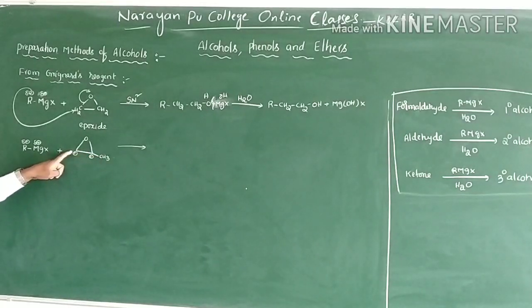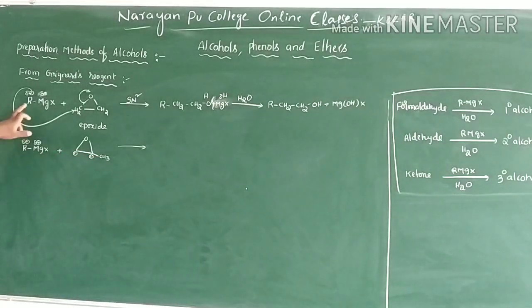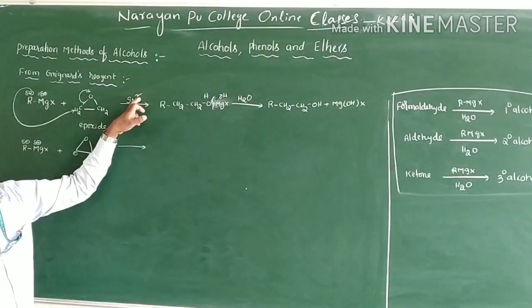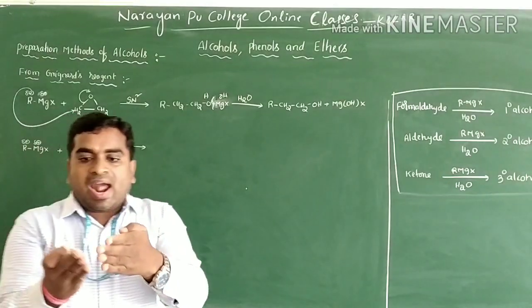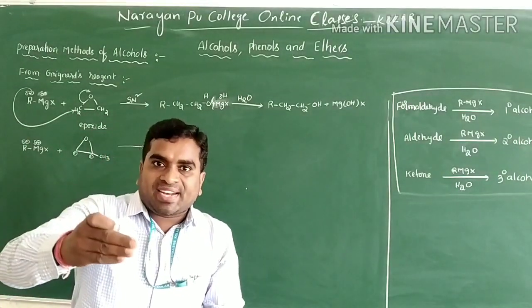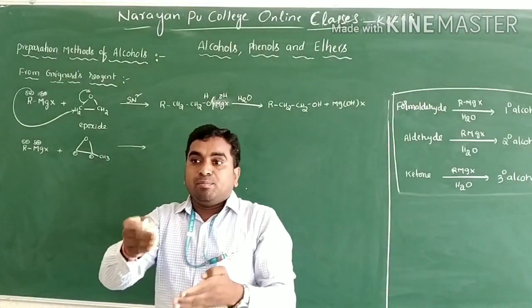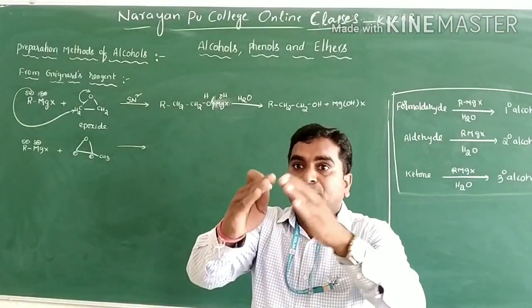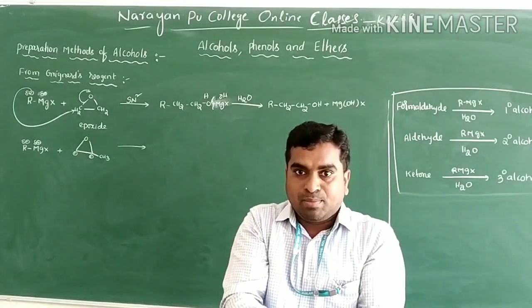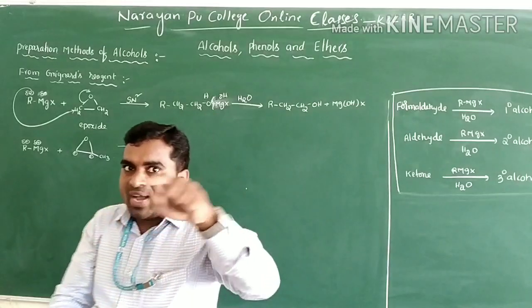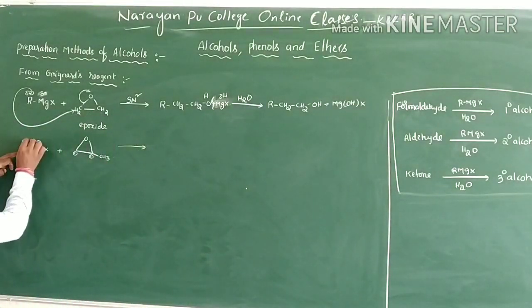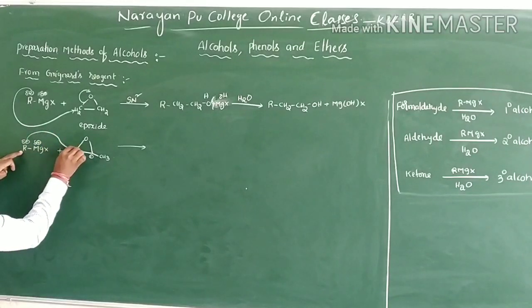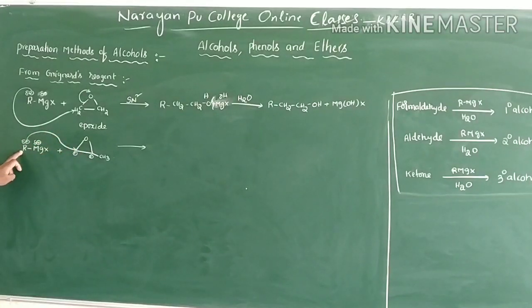There are two chances here, but I already said it follows the SN2 mechanism. In SN2, the nucleophile attacks the carbon where the bulkiness is less, because it has to attack from the backside, and there should not be a bulky group there. So R attacks the carbon that is free.